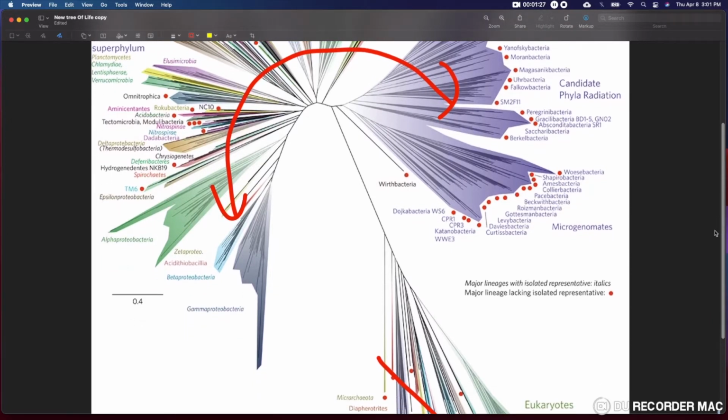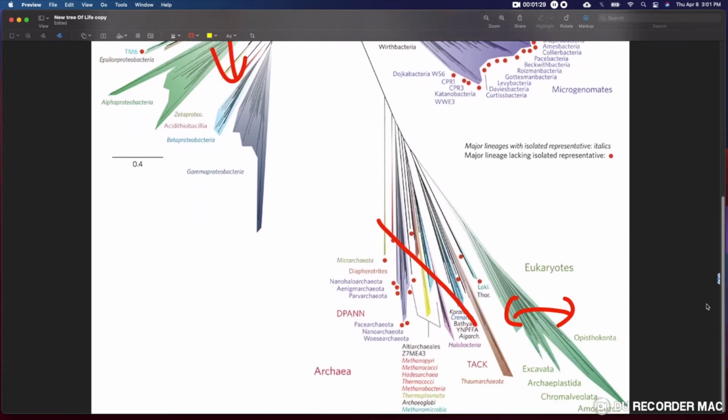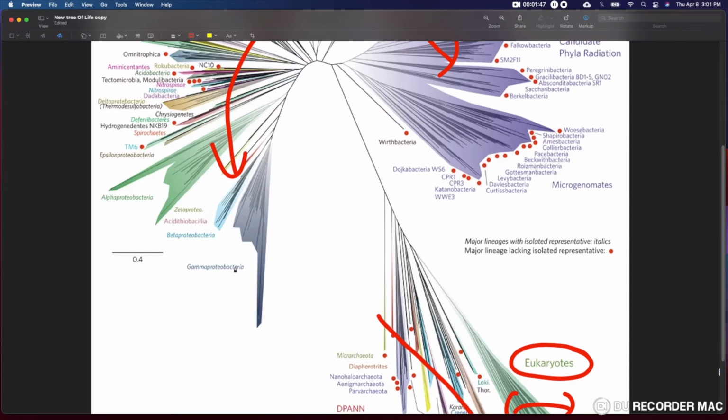By looking at this tree, you can see that in terms of ribosomal DNA sequences, your archaeal lineage are more closely related to your eukaryotic lineage than, of course, your bacterial lineage way up here. Okay?